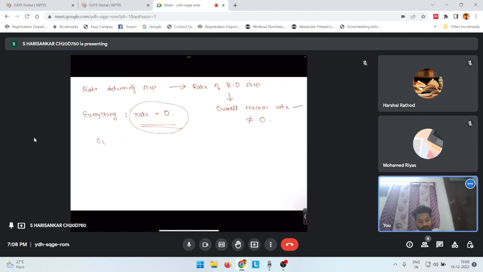And also you take the site balance: CT is equal to CAV plus CBV plus so on plus C vacant. So using these two concepts, that the rate of non-rate determining steps is 0 and the site balance CT equal to so and so, you find terms for CV, CAV, CBV and so on, and you eliminate these terms from your overall reaction rate.